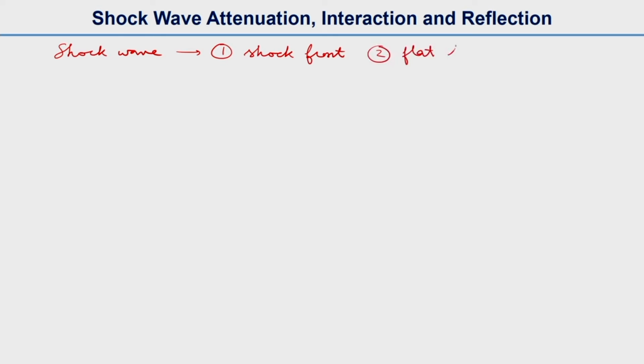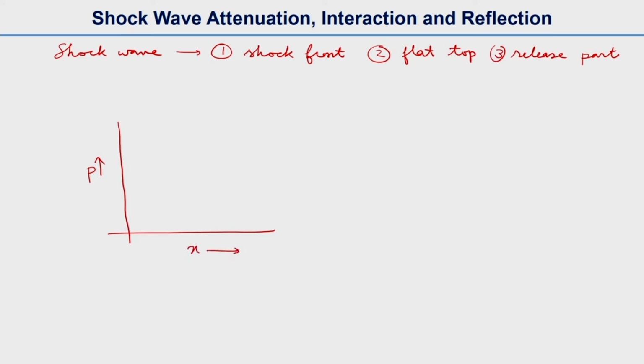I will show you what that flat top is, or you can call it a plateau, and then the third part is the release part. So these are the 3 parts. If we draw this, that is pressure versus distance, P pressure, X distance.